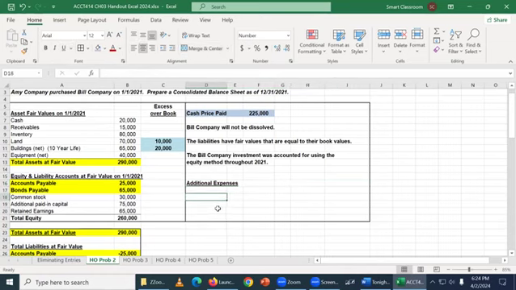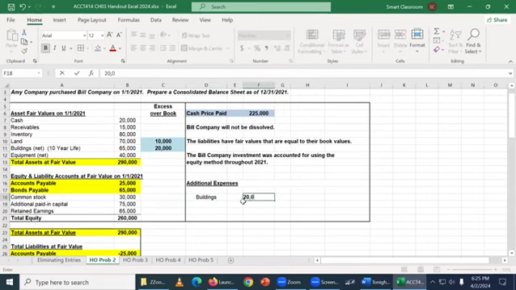Okay, well, the land, we don't depreciate land, so that 10,000 for land, we're not going to do anything with. But this, no, equipment. No, buildings. I don't know my assets. So buildings. We have 20,000.